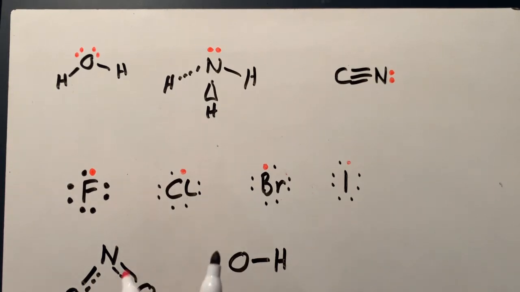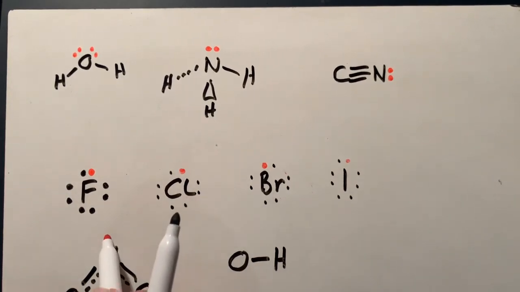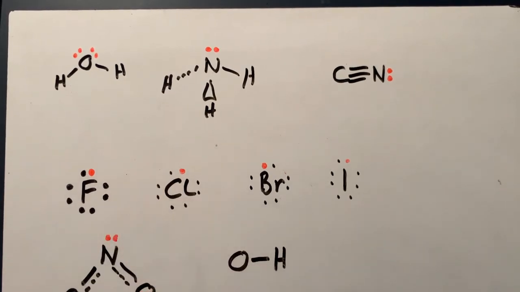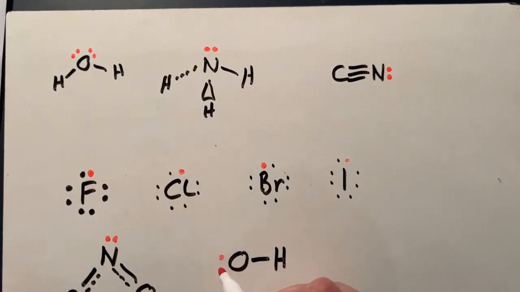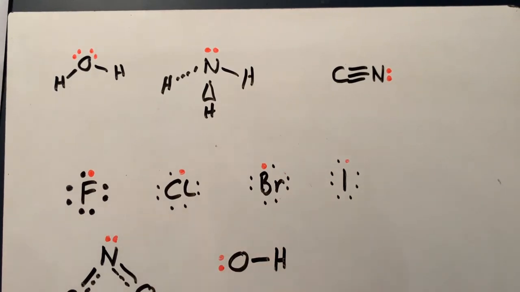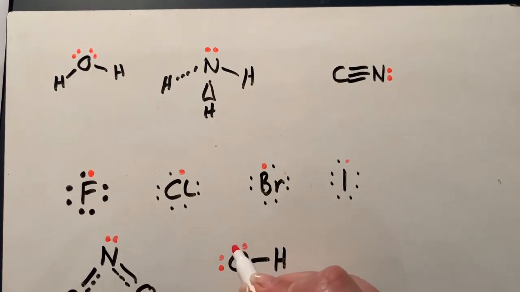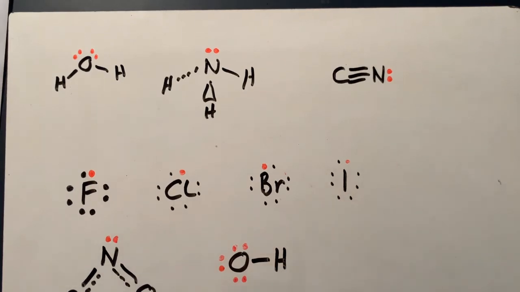The nitrite, the nitrogen in the nitrite has a lone pair. And the oxygen has 6 electrons round about here.